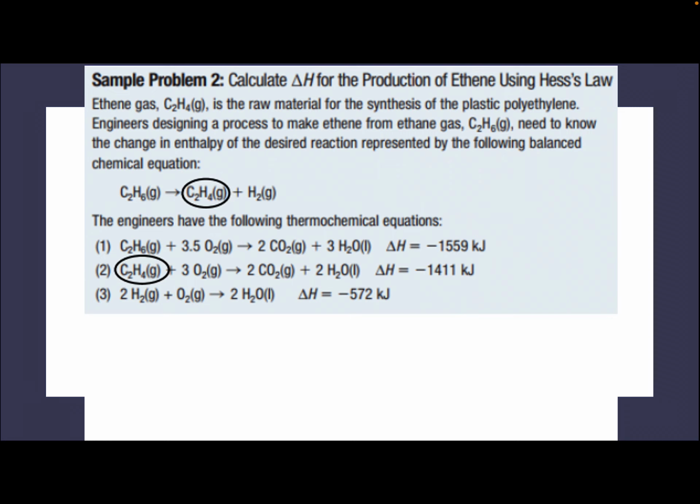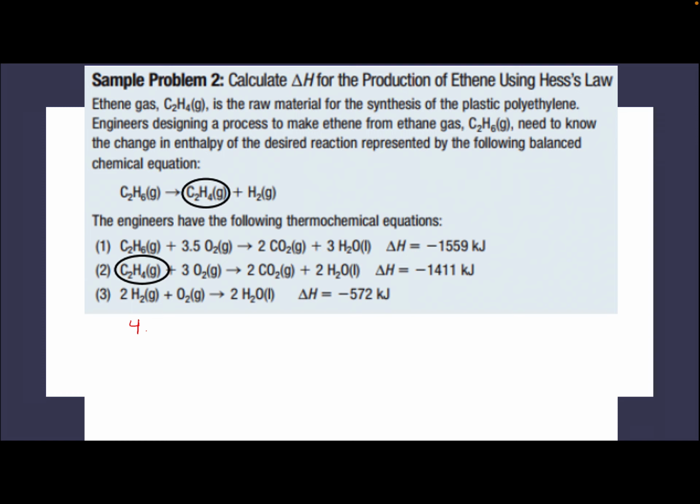They're the reverse of one another, and the products are on the same side as the desired equation. So therefore, we're going to reverse the sign of our change in enthalpy. And this one also goes for later on our step 4 and 5. So we're going to create our new equation now. So we're going to reverse some stuff. So we are going to reverse our equation from 2 and our equation from 3. So we're going to recreate an equation, and we're going to name it 4.